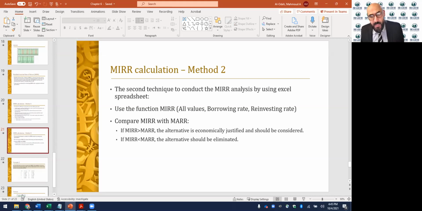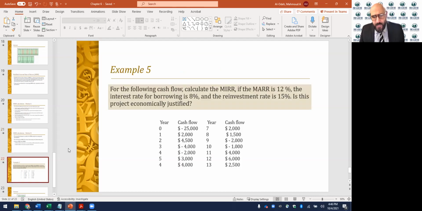You put all the values, and then you add the borrowing rate, which is the interest rate, comma, the reinvesting rate, comma, and close the parentheses, and find out whether the MIRR is higher than the MARR or lower, and then based on that you could select whether you go with the alternative or not.